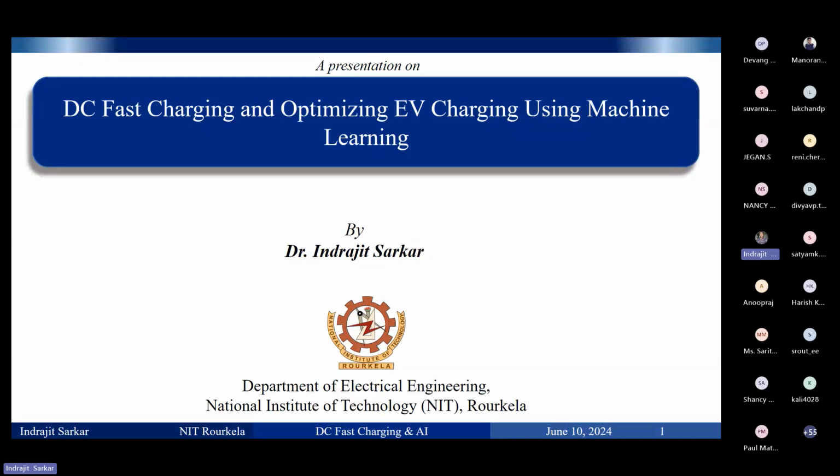Now let's not talk about DC, let's talk about fast charging. It's like you have a water tank, and in that water tank you have three inlets. One is small, another one is medium, another one is large.